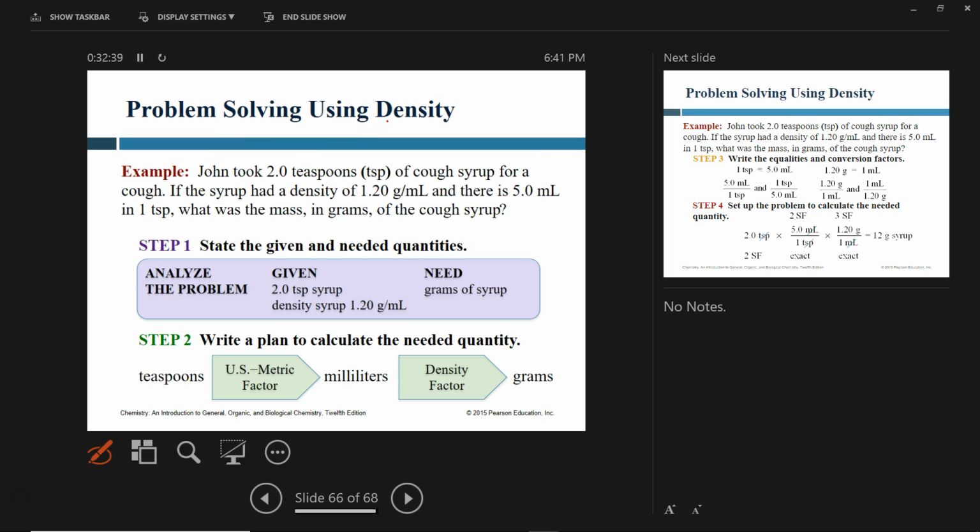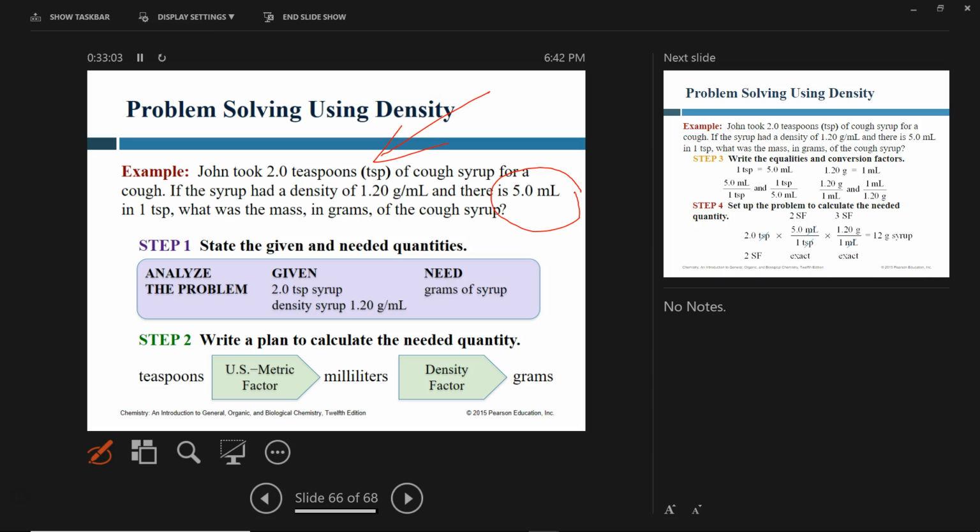So let's say you have 2 teaspoons of the cough syrup. Teaspoon is quite unconventional unit of what? Volume. Yeah. You see that 1 teaspoon is equivalent to 5 milliliters.